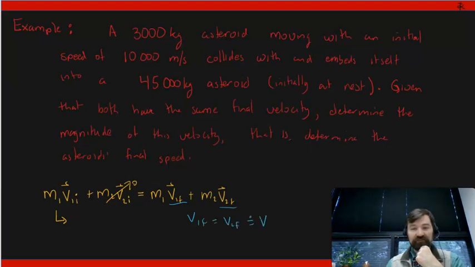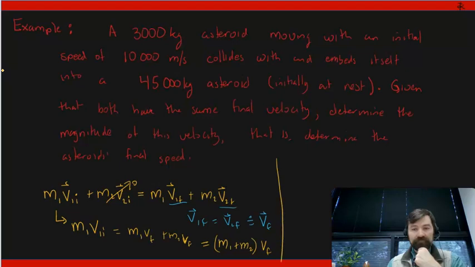We'll just call that v final, and v initial is just v initial. So we can translate this entire problem to m1 v initial is m1 v final plus m2 v final. And that in turn is just m1 plus m2 times v final. It follows that v final must be m1 divided by m1 plus m2, times v initial.